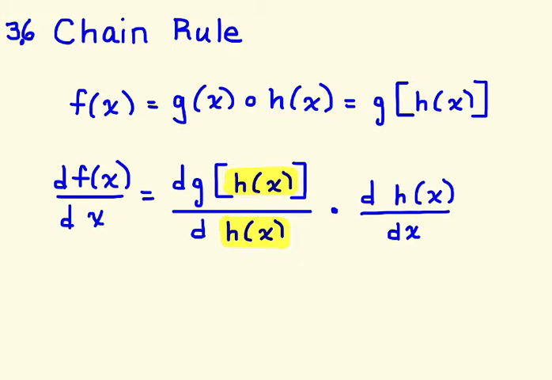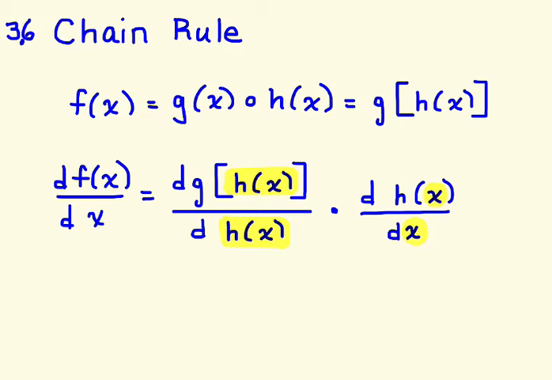And then we take the derivative of the h function with respect to its input, which is x. So when you're finding the derivative with a chain rule, you keep finding the derivative with respect to the input of the function, and then you multiply it by the derivative of the next function in with respect to its input, and you keep going until the derivative is with respect to x.